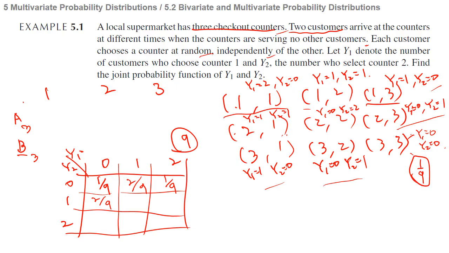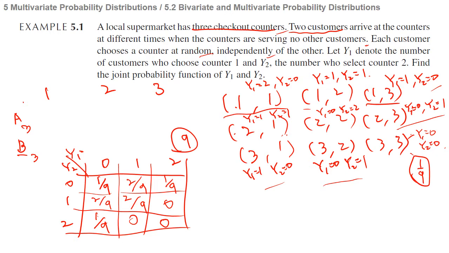And also, yeah, maybe that's all. So it is 2 over 9. What about 1, 2? No 1, 2. It should be 0. And here this should be 1 over 9. And 2, 2 is 0.